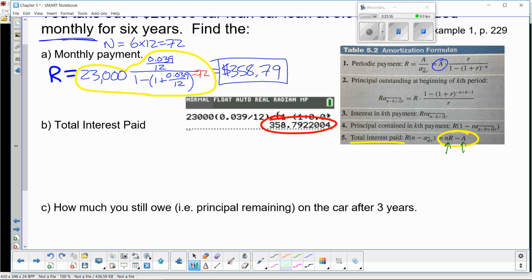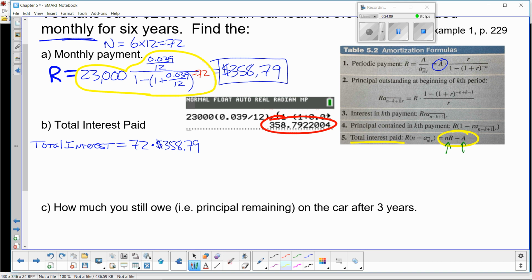What you paid over what you owed is the interest you paid. So this is going to be total interest. It's going to be, how much did you pay? 72 times that $358.79.